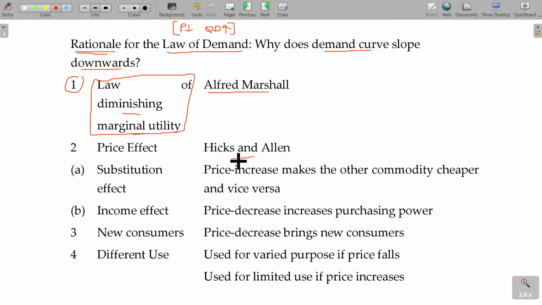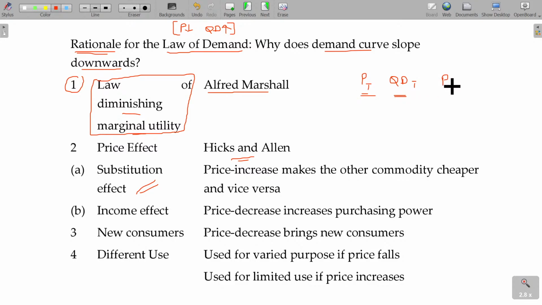But Hicks and Allen say it in a different way. One is the substitution effect. For example, price of tea and quantity demanded of tea.